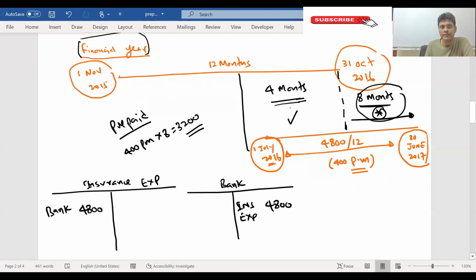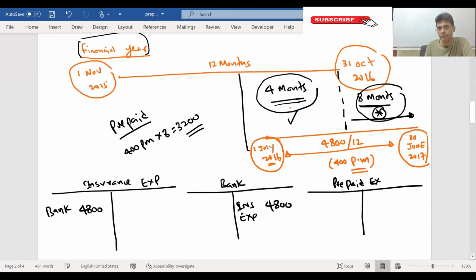However, since the company has paid 8 months insurance in advance for the future financial period, the current financial period includes only 4 months. So therefore, we need to open up an account for prepaid expenses, prepaid insurance.